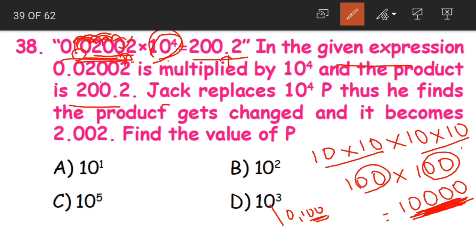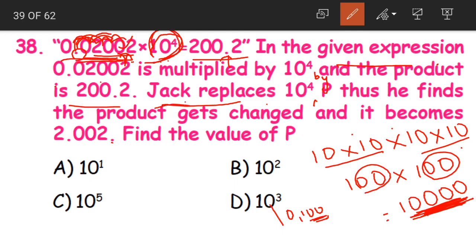Now, Jack replaces 10 to the power of 4 by P, thus he finds the product and it becomes 2.002. Now find the value of P. What are they saying here? See, here what did we multiply the number with? We multiplied it with 10 to the power of 4.